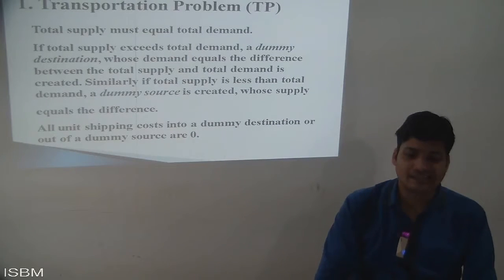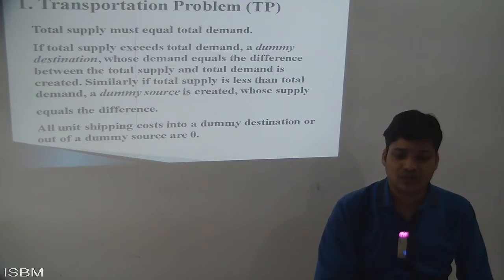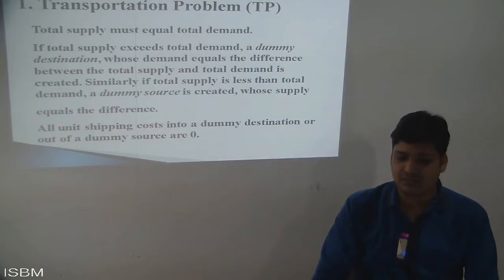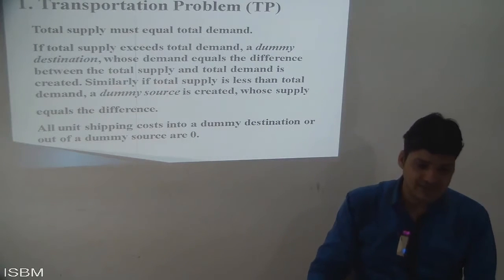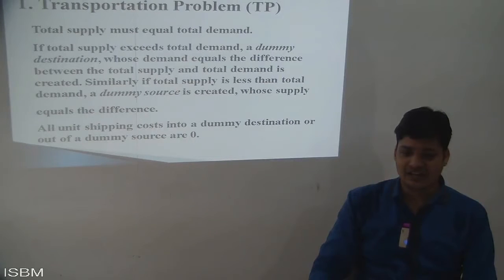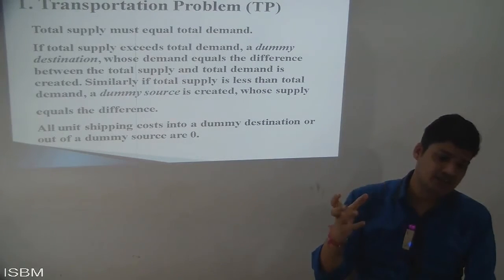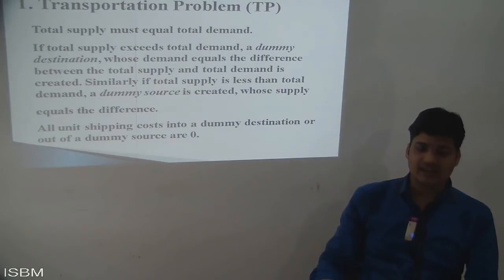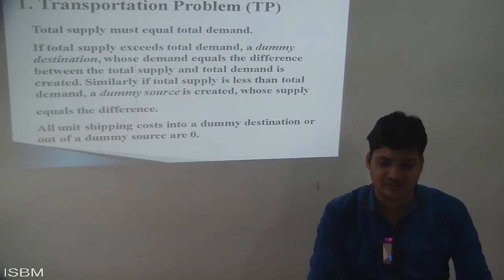So if the total supply exceeds total demand, a dummy destination whose demand equals the difference between the total supply and the total demand is created. Similarly, if the total supply is less than the total demand, a dummy source is created. See, two terms have been used over here: the dummy destination and the dummy source. When the supply exceeds the demand, it goes to the dummy destination, and when supply is less than the demand, a dummy source is created, whose supply equals the difference.